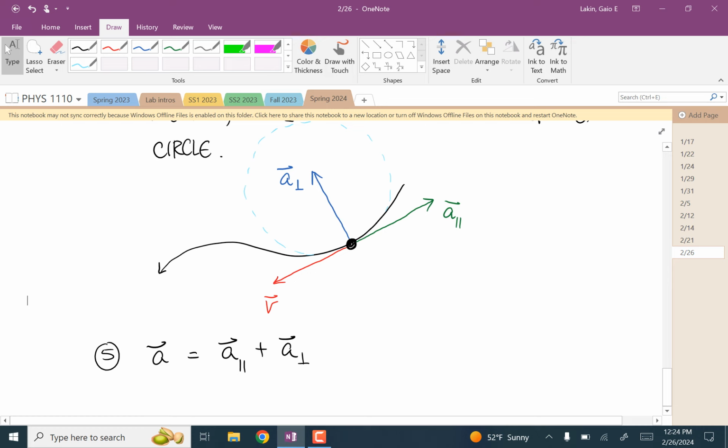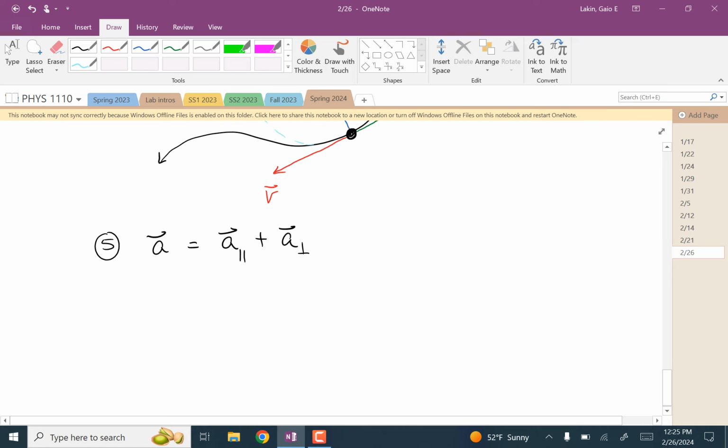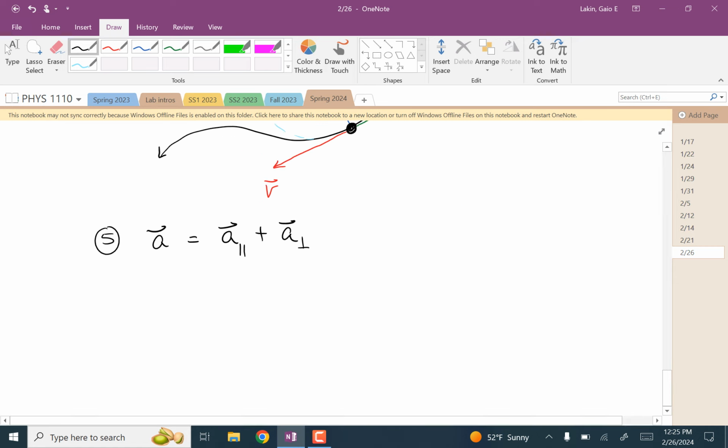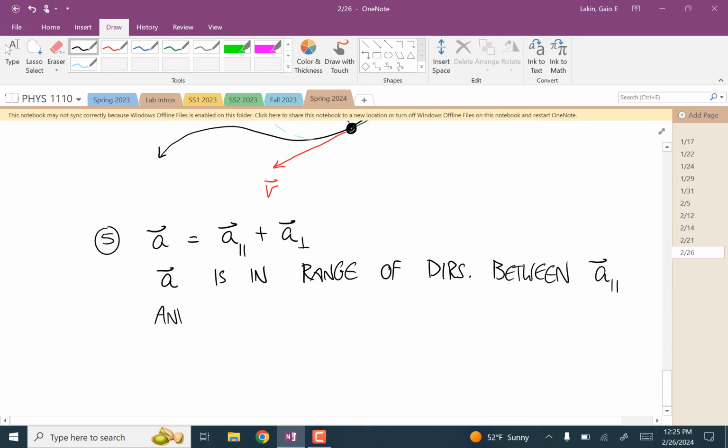In lab, we've talked about what you can say if you're adding up vectors where you know the directions, but you don't know the magnitudes. And so what this says is the acceleration vector is in the range of all the directions between A parallel and A perpendicular.